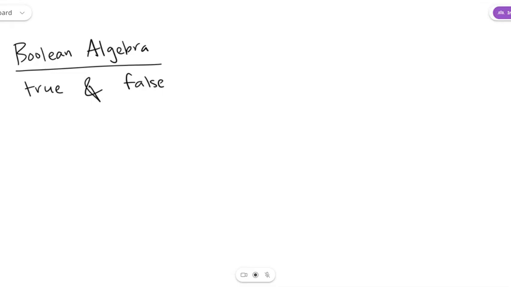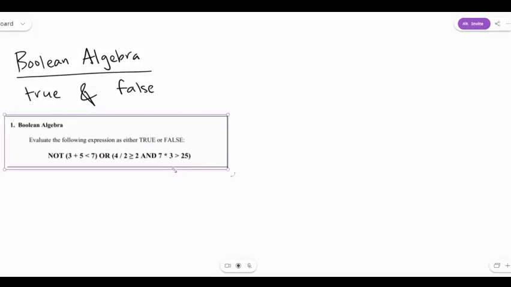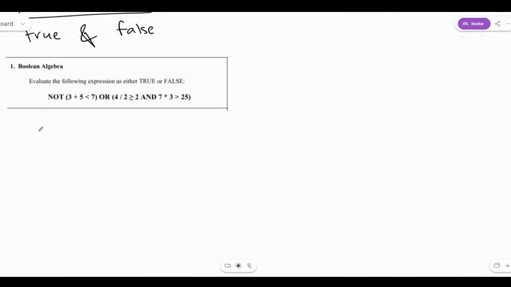So, to begin, let us look at some problems and go over some strategies. This asks us to evaluate the following expression as either true or false. This problem is a pretty good representation of the basics of Boolean algebra.